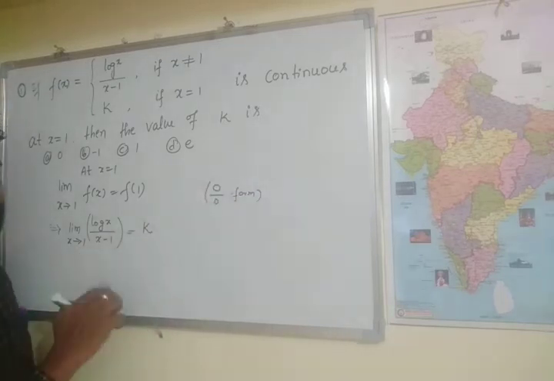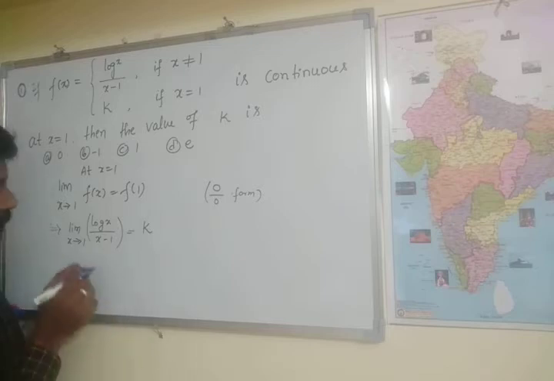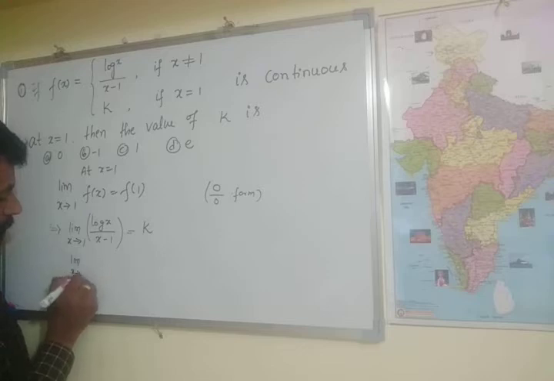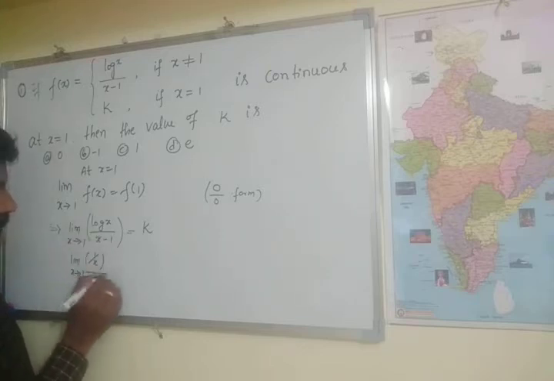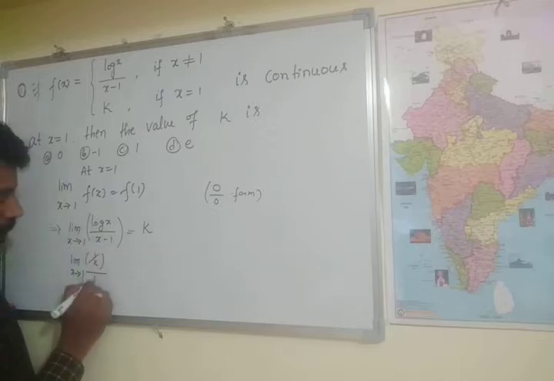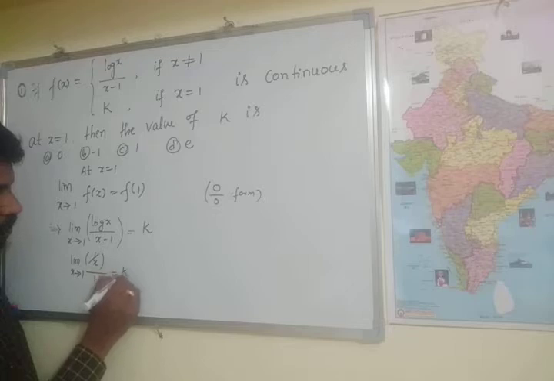Here we apply L'Hospital's rule. L'Hospital's rule states we take the derivative of the numerator and the derivative of the denominator. Limit as x tends to 1, the derivative of log x is 1 by x, divided by the derivative of x minus 1, which is 1, since the constant term's derivative is 0. This is equal to k.